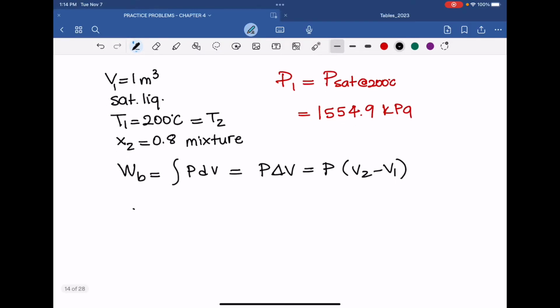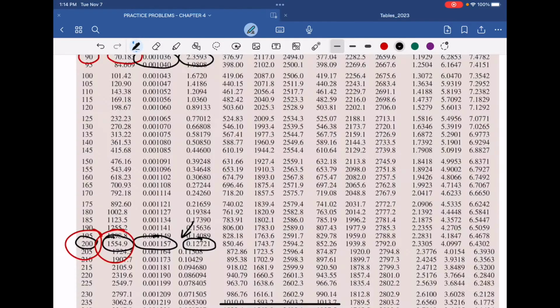And the way to find it is, first, initially it was a saturated liquid. So we look at that temperature, what is the saturated liquid volume? This one.